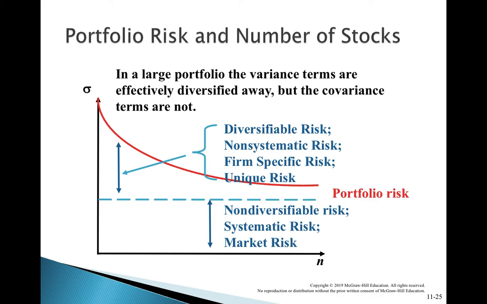So the curve became flatter. After a level, if you go on increasing the assets, your risk is not reducing. Why? The risk which is present there is the systematic risk. With proper diversification, you have reduced your non-systematic risk or firm-specific risk or unique risk. You made it zero. What is present? The systematic risk is present.